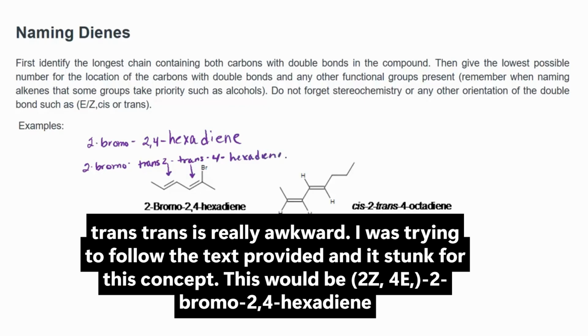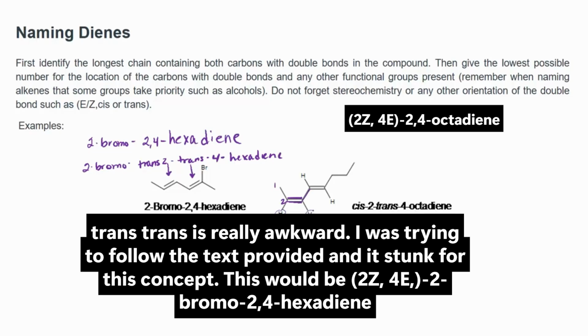Just as we have here, this is carbon 2. This is a cis. See, our hydrogens are on the same side, so this is cis-2. And then this is carbon 4, and the hydrogens are on opposite sides. So this is cis-2-trans-4-octadiene.